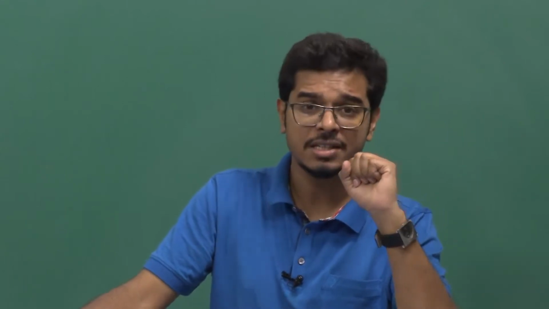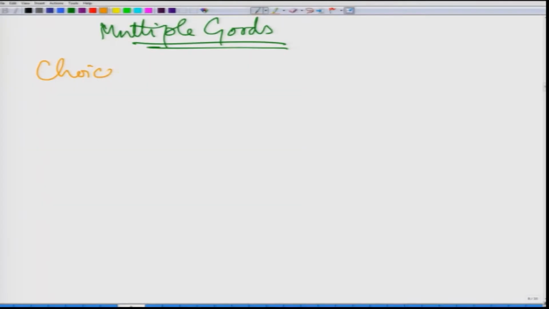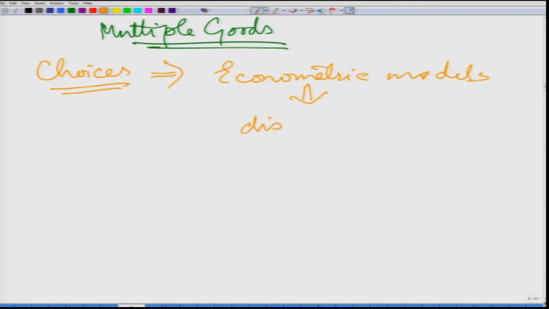So all this comes into the picture. So these choices, when modeled, then often our health econometric models deal with discrete choices.